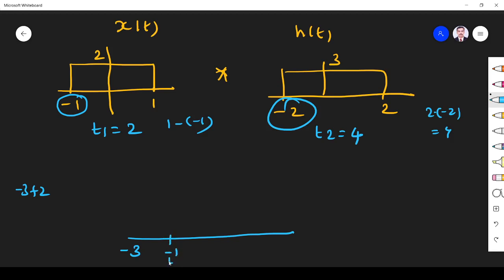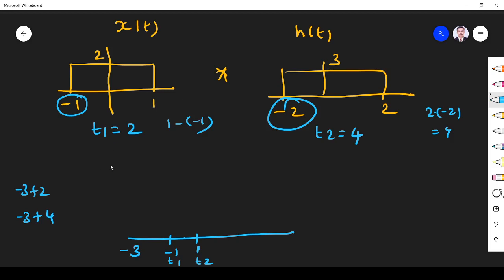This is our t1. Next add t2 to the starting point minus 3, t2 is 4, so it will go to 1. So this is minus 1, this is 0, let me put 1 here, right? This is t2. Next t1 plus t2, the end point.